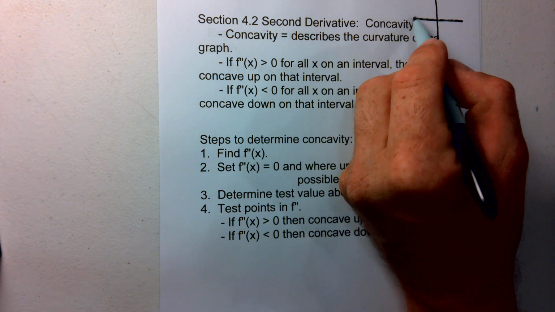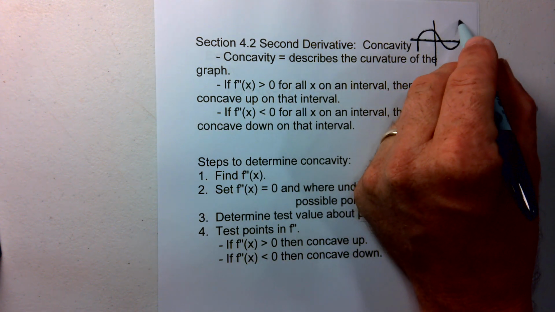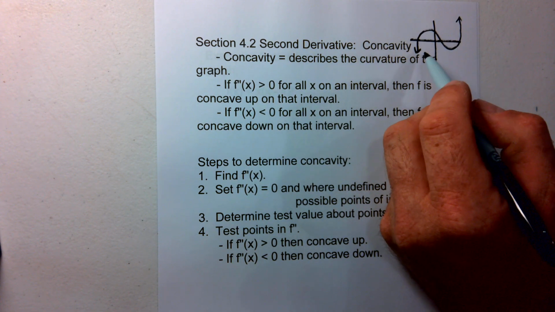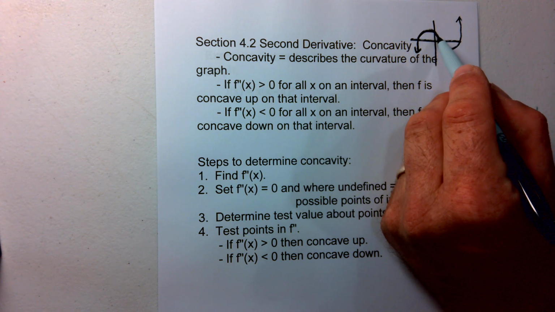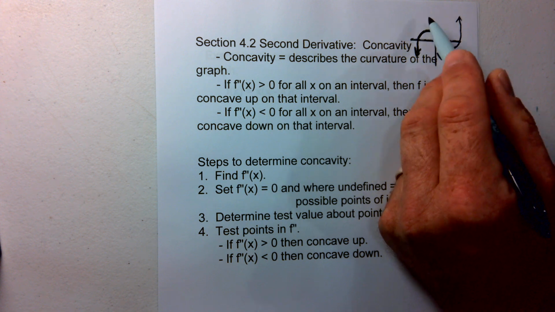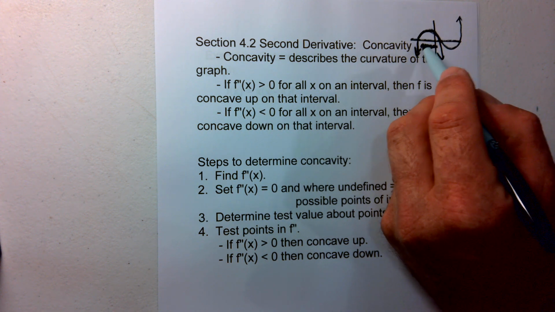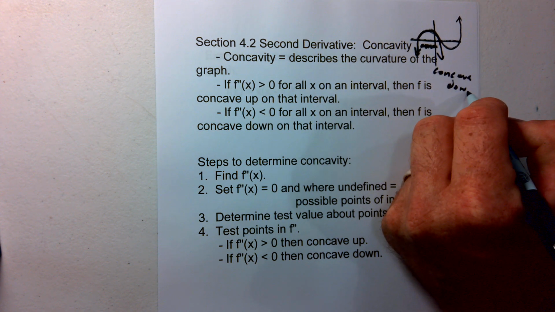So I'll go ahead and draw out maybe a function up here. And we go back to our nice little cubic function. If we look at the curvature of this, from left to right, this portion in here is opening downward. We call this concave down because it opens down.